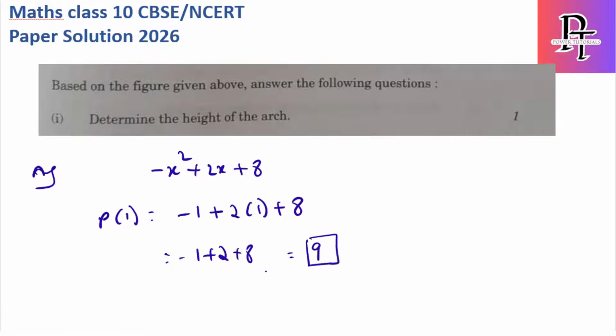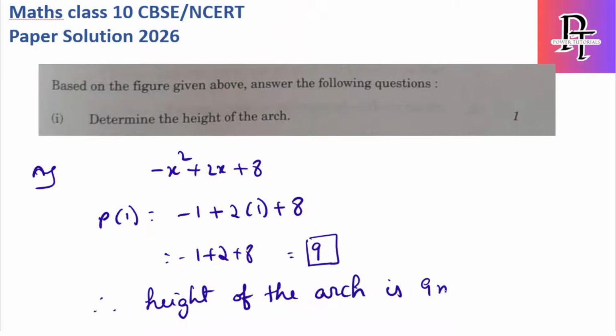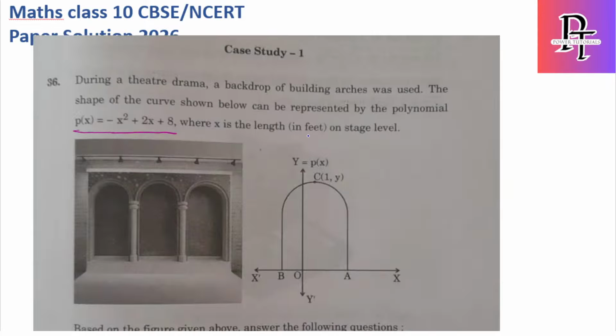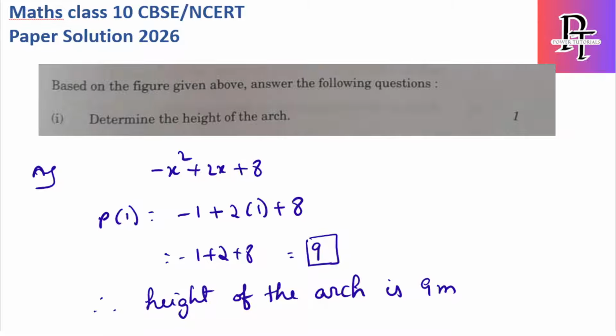So the height of the arch is 9 meters. The unit is also important, because in the question they have clearly mentioned it. Sorry, x is length in feet. Okay, this is not meters, this is feet. So let's change it to 9 feet.